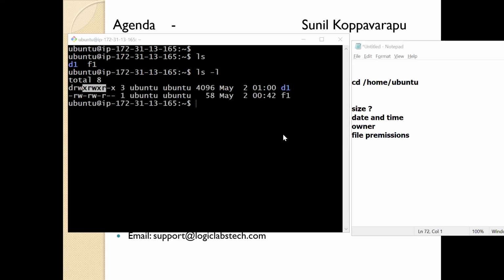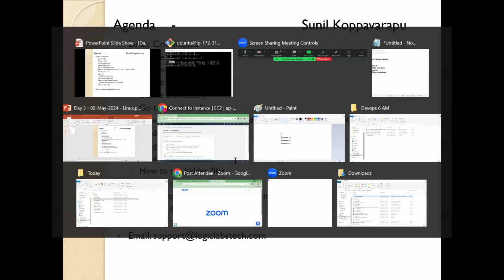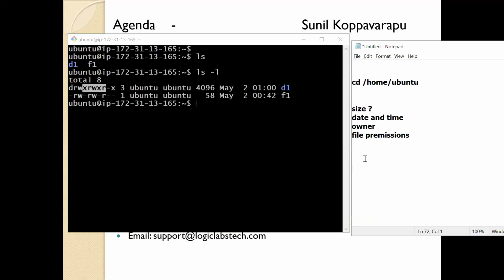Next, long list we have learned. What happens when a file name starts with dot? Let us experience it. I want to create a file: cat greater than .f1 file.